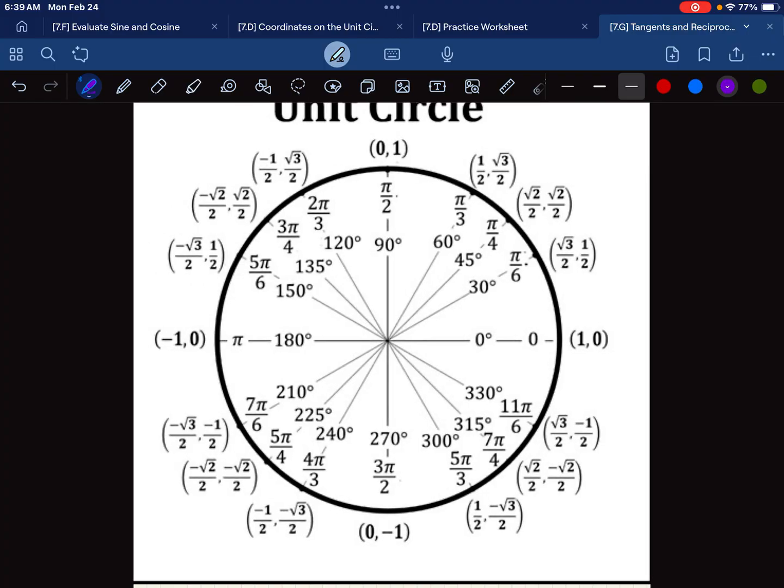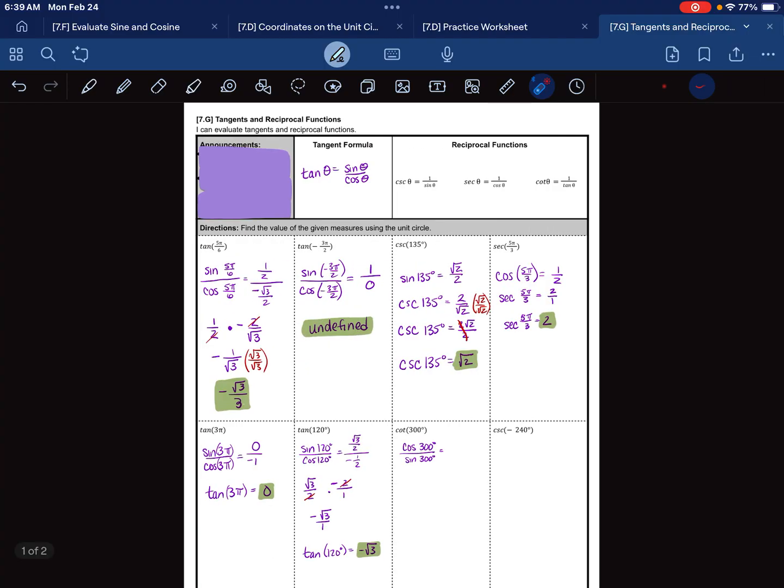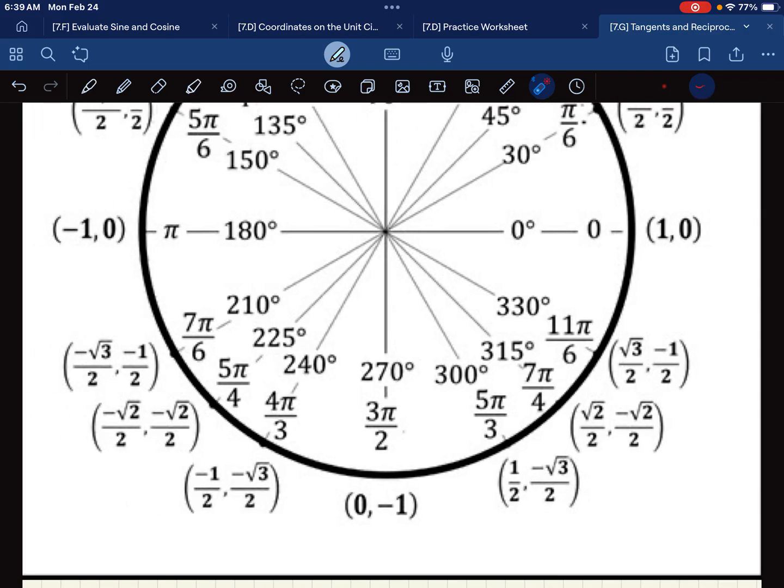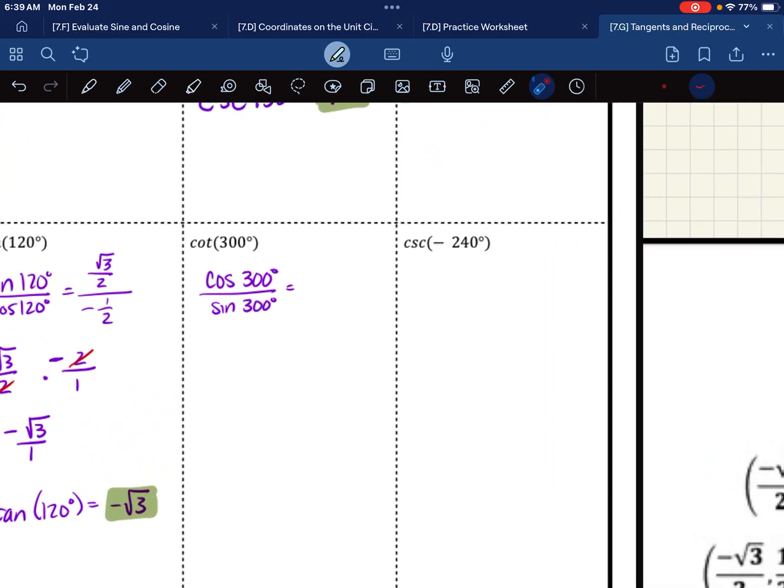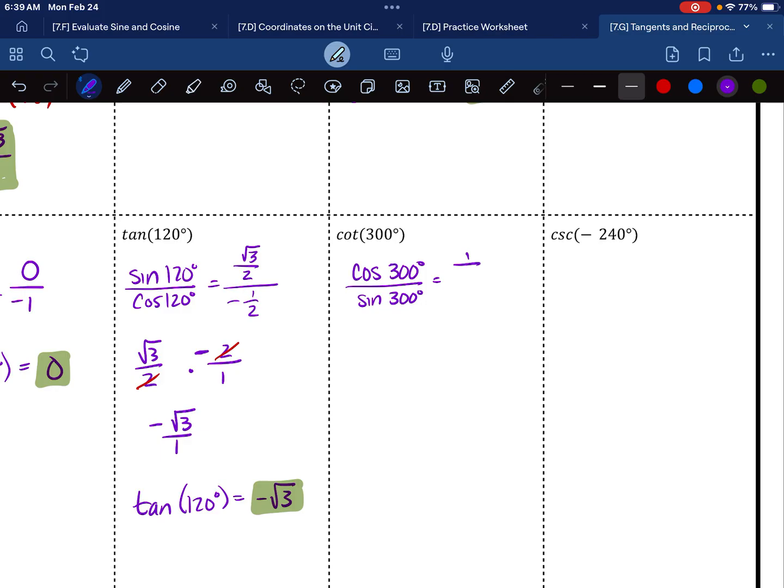So come over here, go to, oh, that's 300 degrees, 300 degrees. Okay? So my cosine is 1/2. My sine is negative root 3 over 2. So I have 1/2 over negative root 3 over 2. So I'm copy dot flipping that, right? Now to save myself time here, because I don't want to do another step and I'm lazy, I recognize that that root 3 is in the denominator.